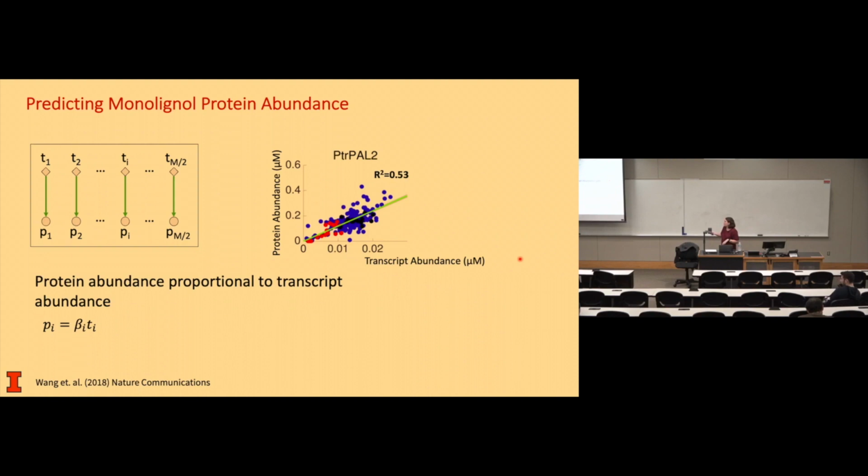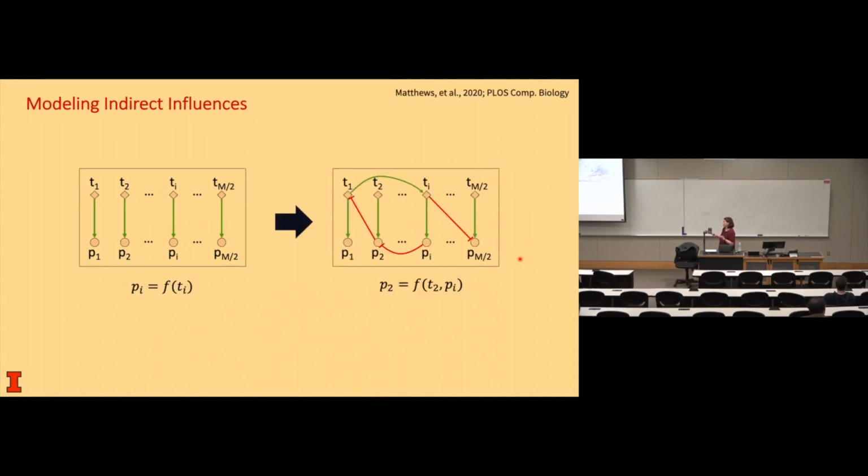And we can see that for some of these enzymes and transcripts, that worked out very well. There's this very strong linear correlation. But for other ones, it's not so much. It suggests that there are some other types of indirect influences that, when we are targeting other genes in the pathway, are also impacting the amount of protein that we're getting here.